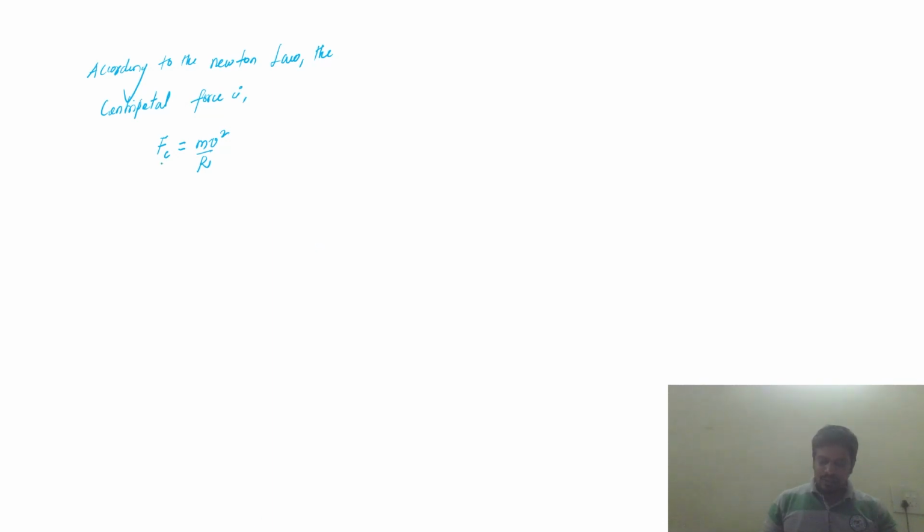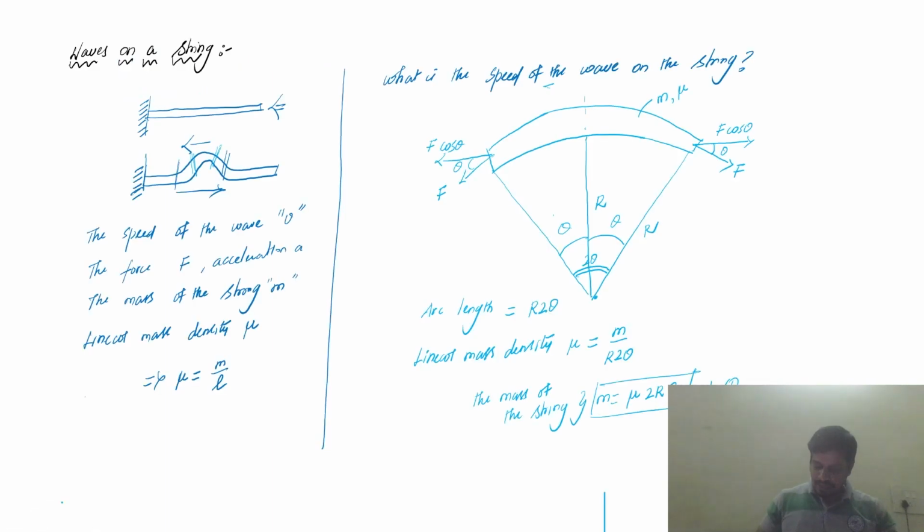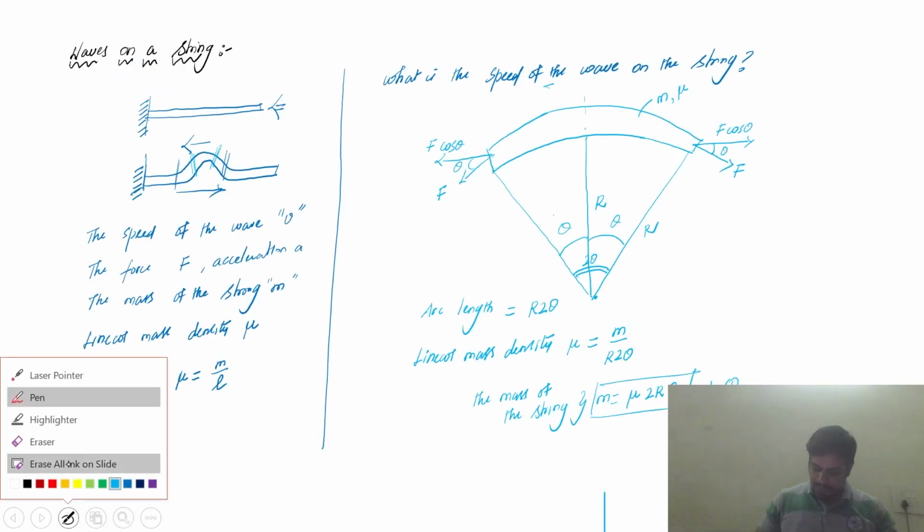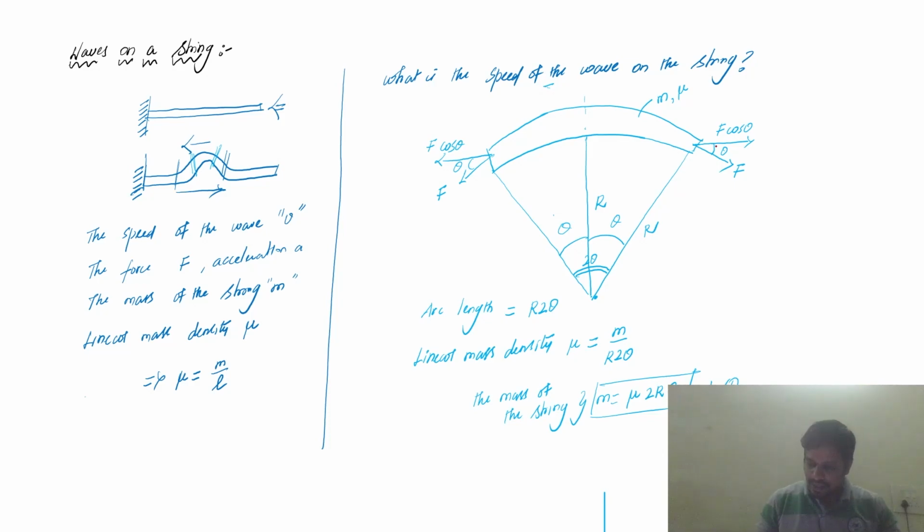Now, if you look at the picture in the previous slide, there is one component, F cos theta, acting parallel along the wave propagation direction. Then there is another component, F sin theta, acting towards the center.